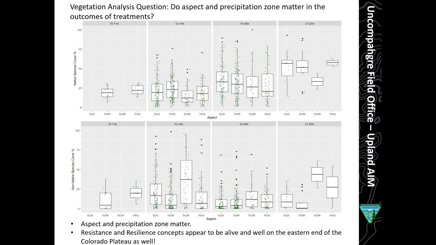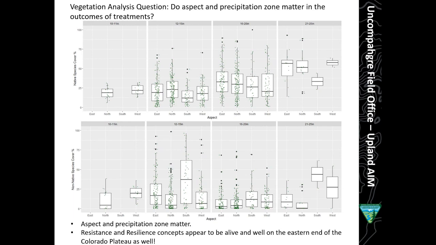In that 12 to 15 inch precip zone, we see generally higher cover values on north and east aspects, and generally lower cover values for native species on south and west aspects. As you move up in elevation and precipitation zone, things become less clear, but still there appears to be slightly better native species cover values on those east and north aspects than on south and west aspects.